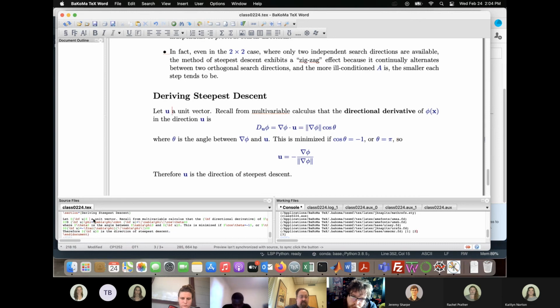In this case now, we didn't have the norm of the gradient. We just have the negative of the gradient. Are we assuming the norm of the gradient is 1? Oh, okay. Because our u here has the norm of the gradient as the denominator, to make sure that u is a unit vector.